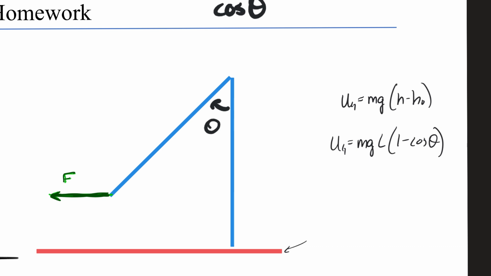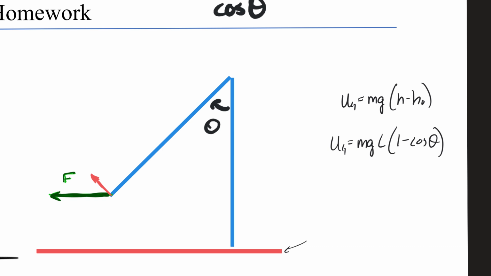The child is constrained because they're on the end of the string. So they can only travel in directions that are perpendicular to the string, which means the child travels this way as I pull on the string. Does everybody understand why? This is critical before we go further. If you don't, we need to talk about it.